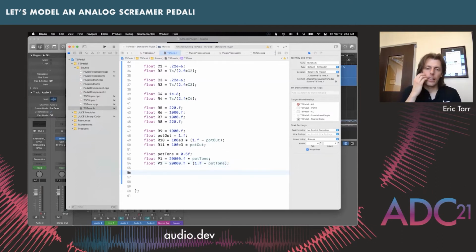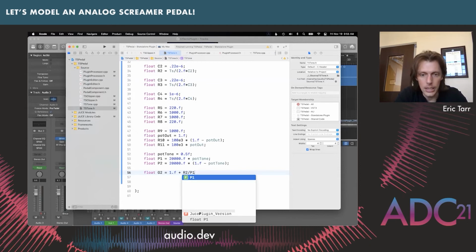And then there are these grouped resistances that I've calculated, these G values, that if you look at the notes, you'll find them in there. These are just there to make our lives easier. Let me put these in. Just substitutions: 1 plus R2 divided by P1 plus R5 divided by P1.